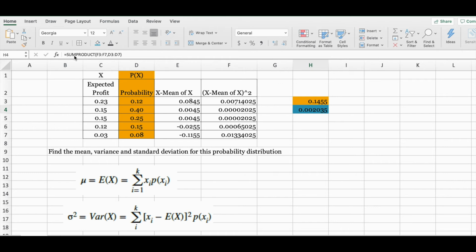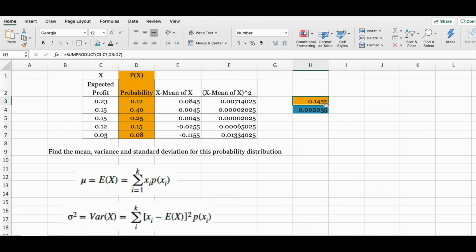Right here in the formula bar, you can see for the mean, we had SUMPRODUCT C3 to C7. C3 to C7 was our value of x, this entire range. We multiplied that by D3 to D7, which is our probability of x.